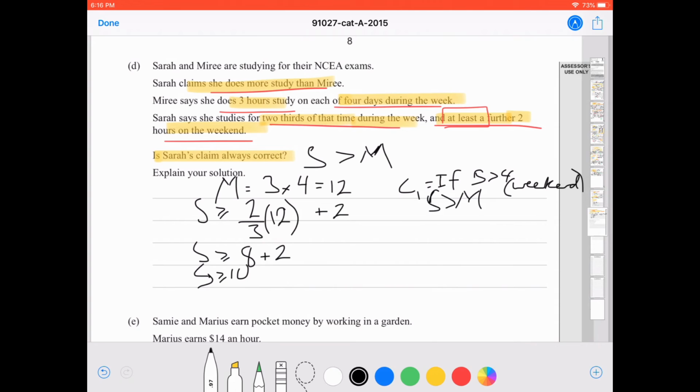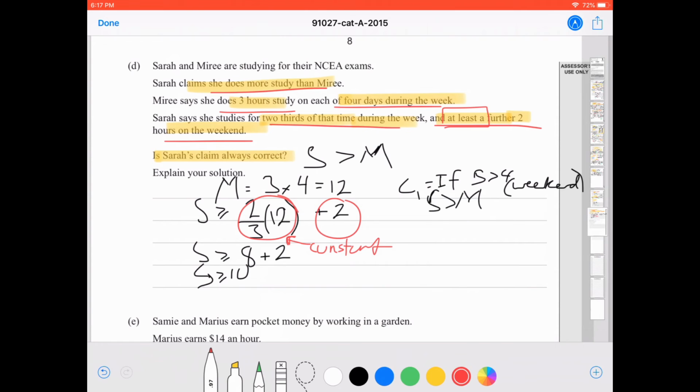So Sarah's equation is actually an inequation, and it's set up like this: greater than or equal to 10, with the hours studied on the weekend basically being the variable. Again, this 2/3 of 12, we can say that's constant because it's based on Marie, and Marie's hours are constant. Okay.